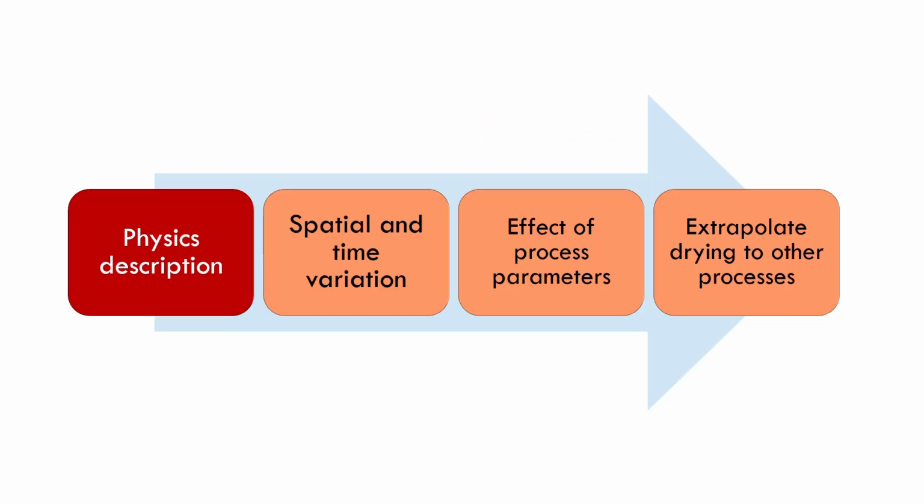So the content is divided into 4 parts. First, we put together all the physics of air drying that we put together to build a model, and we then use this model to do simulations to learn more about the spatial and time variations of different quantities, and then we learn about the effect of different process parameters like drying temperature, for example.